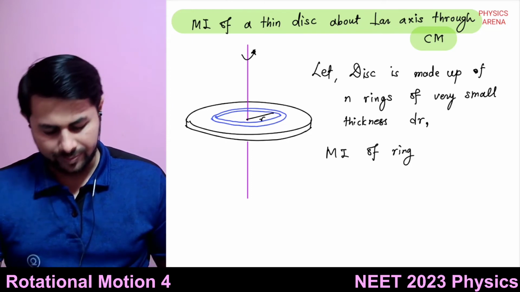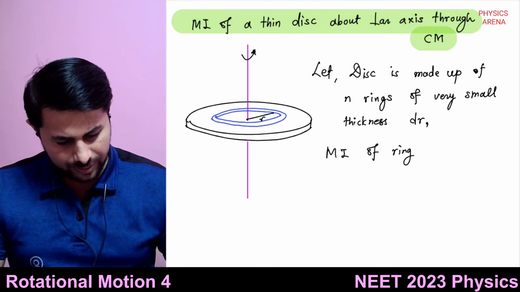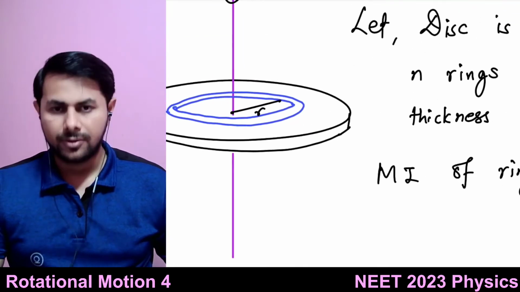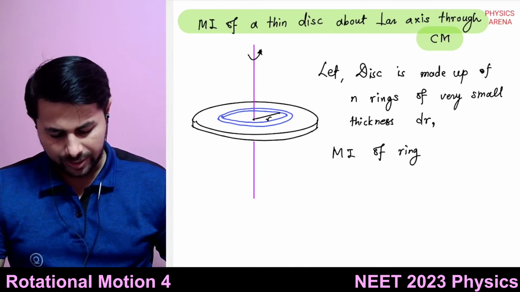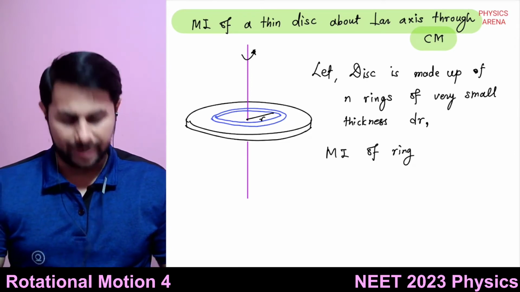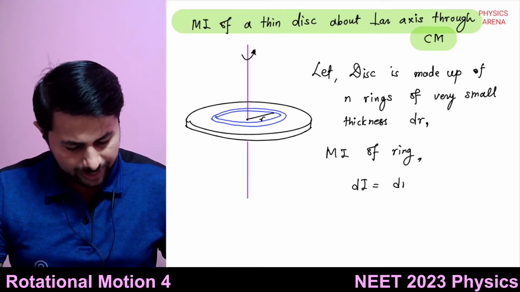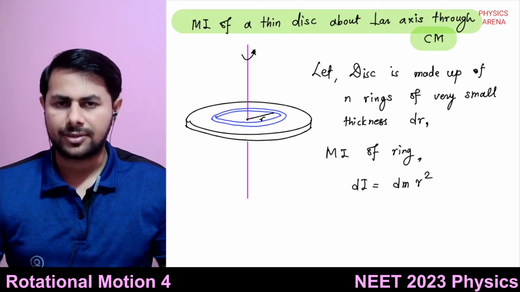This is small r. Can you see this? So dm multiplied by r square will be its moment of inertia. Let's call it dI. It is dm multiplied by r square.